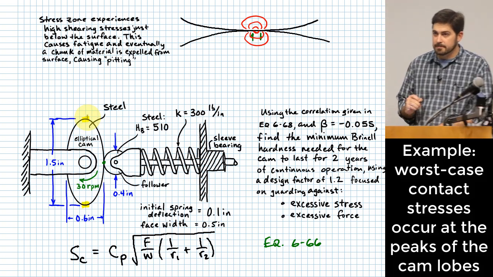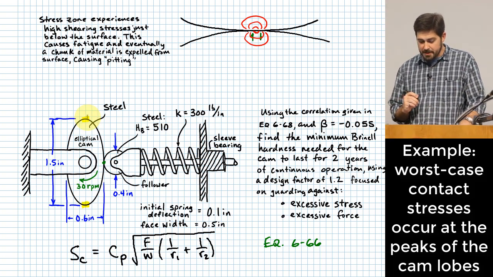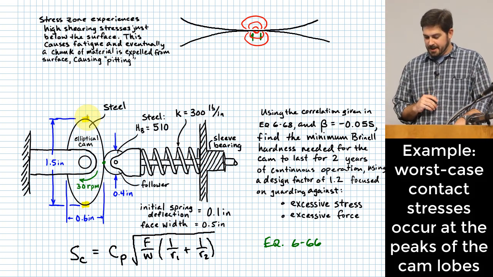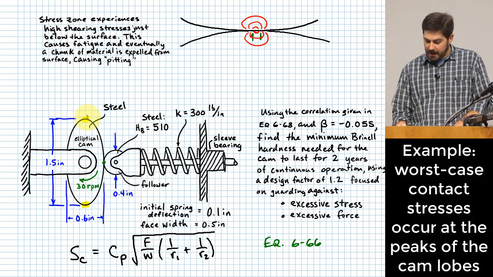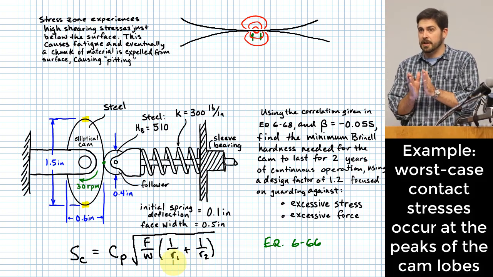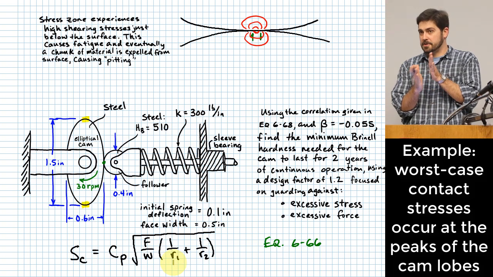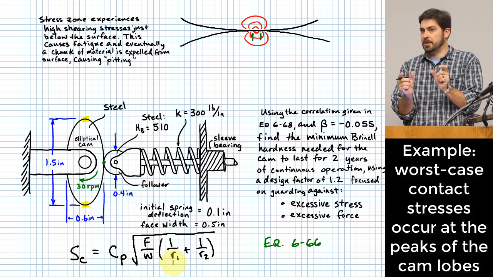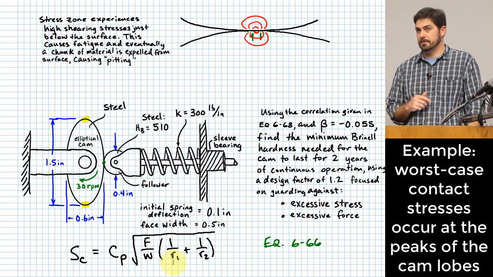Which one is R1 and which one is R2? It doesn't actually really matter for our question here. The reason those values have to be in there is that it's part of the equation that predicts how much stress you're going to have as the force changes, and that is going to be a function of what those radius values are, due to the fact that it's going to change how the interaction occurs.